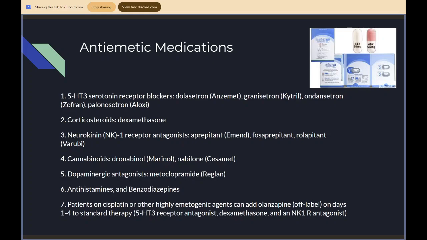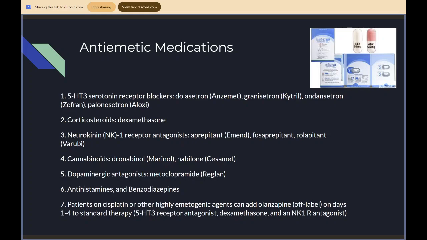NK1 receptor antagonists are going to be aprepitant, fosaprepitant, rolapitant. And then number 4, we have cannabinoids. So that's going to be dronabinol and nabilone. Dopaminergic antagonists such as metoclopramide, brand name Reglan.